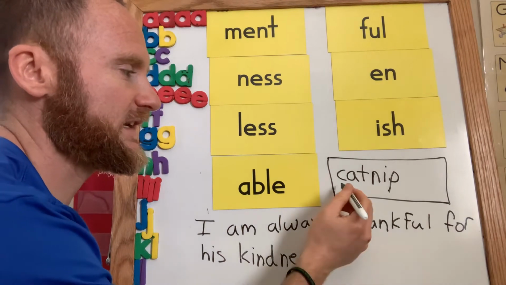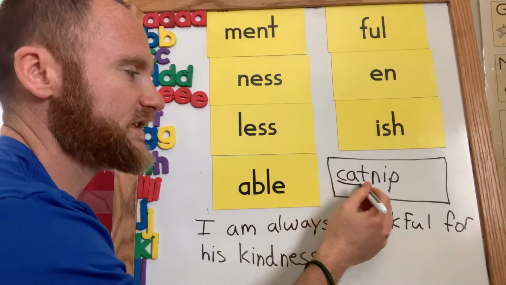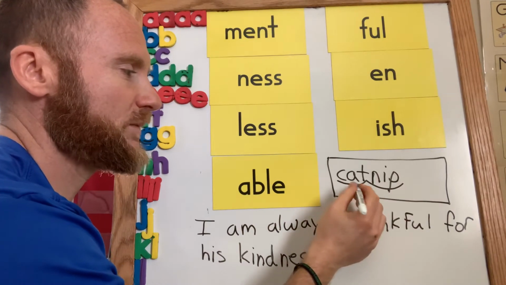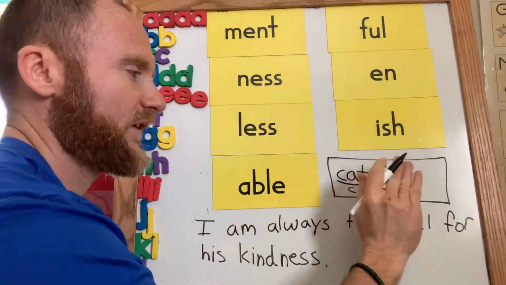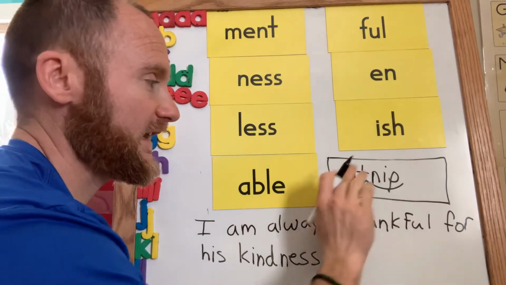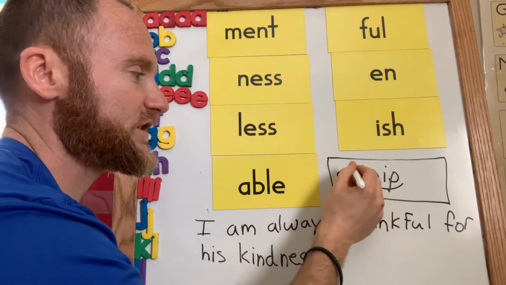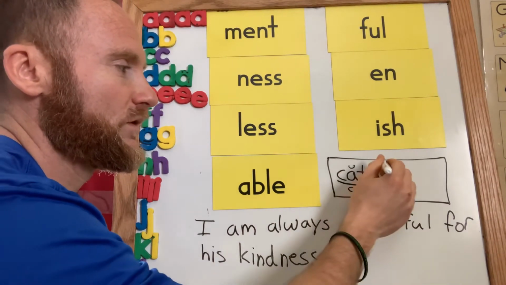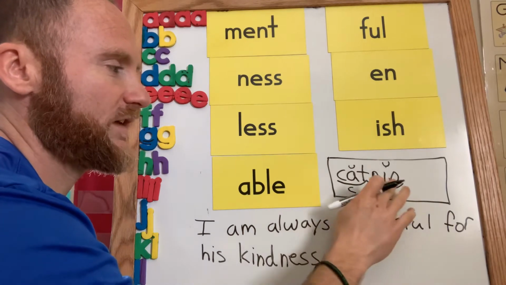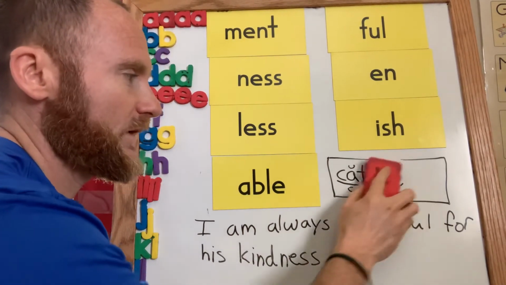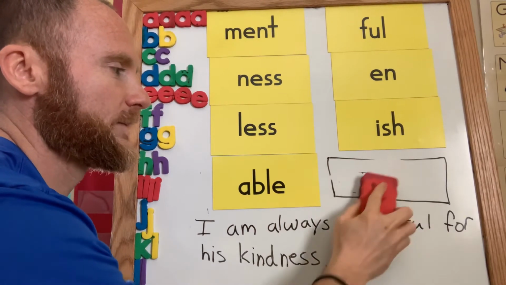There's our word catnip. Then we scoop our parts, catnip. This is a closed syllable because if I just look at that syllable, that vowel can't escape. It cannot escape, so it means it's a short vowel sound. Nip, also a closed syllable, short vowel sound because that vowel cannot escape. Very good. Let's talk about another word real quick.